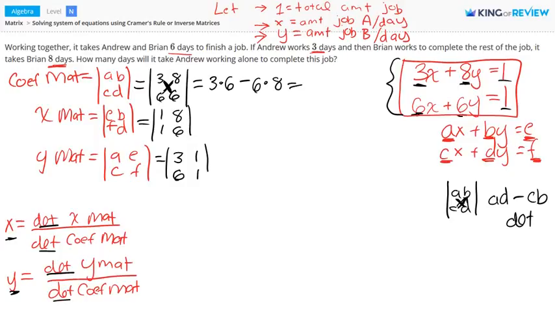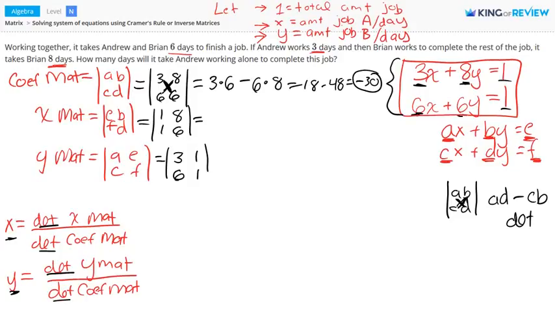And when we work this out, this is going to give us 18 minus the 48. And what does this equal? If we have 18 minus 48, this is going to equal negative 30.